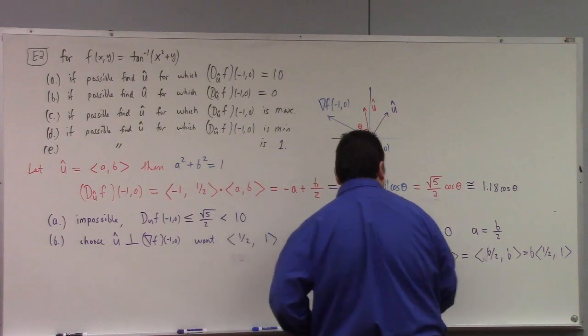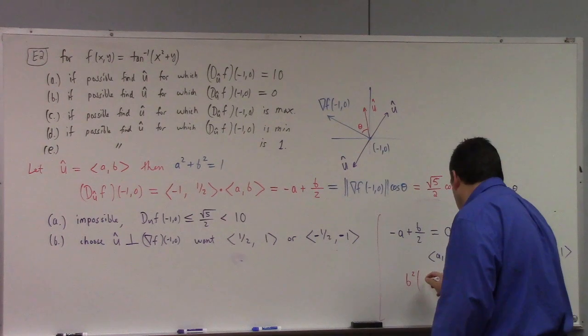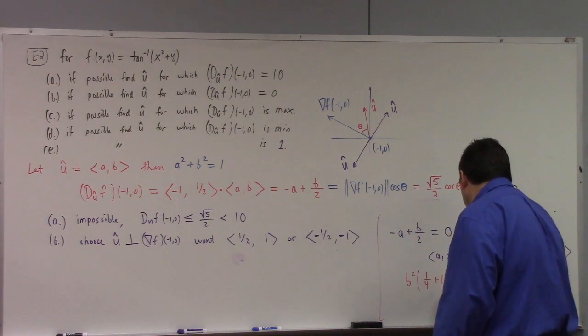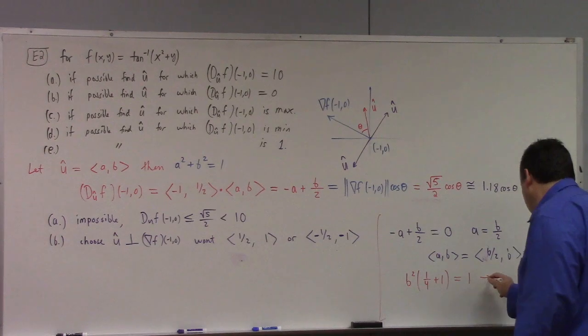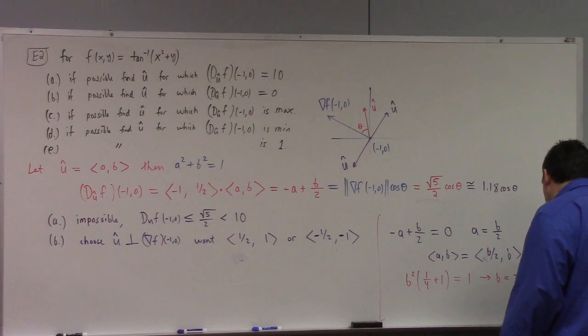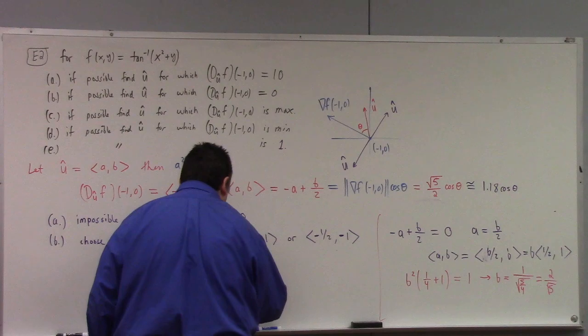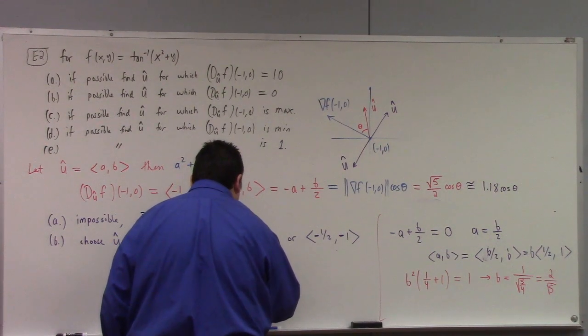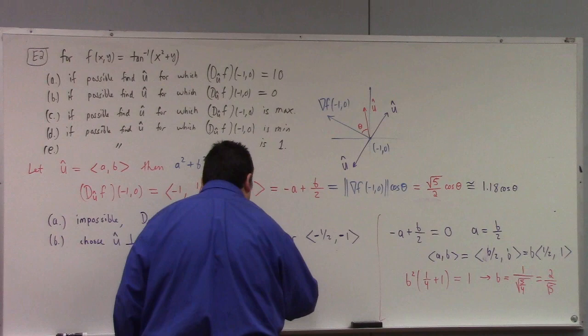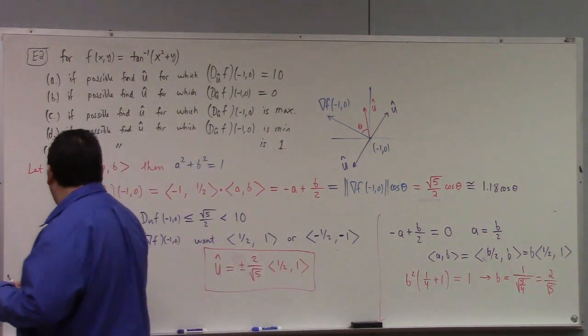Over here in algebra land, we need that b squared times 1/4 plus 1 is equal to 1, which tells me that b has to be equal to 1 over the square root of 5/4, also known as 2 over root 5. So we either have u hat equals plus or minus 2 over the square root of 5 times (1/2, 1). So there you go. That would be the answer to part B.